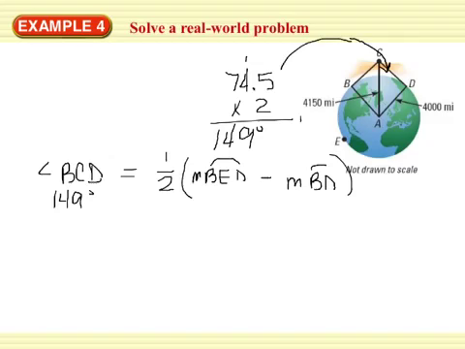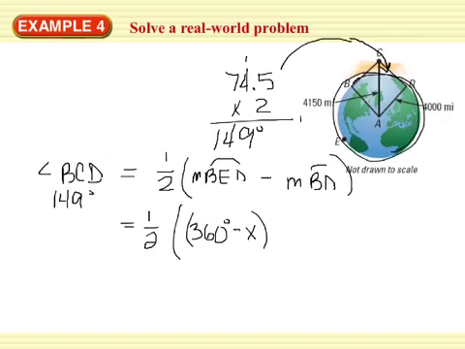What is the measurement of arc BED? We don't know, but we do know the whole circle is 360 degrees. So BED would be 360 degrees minus x.